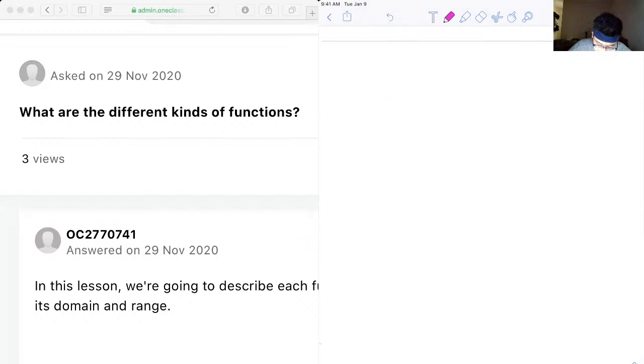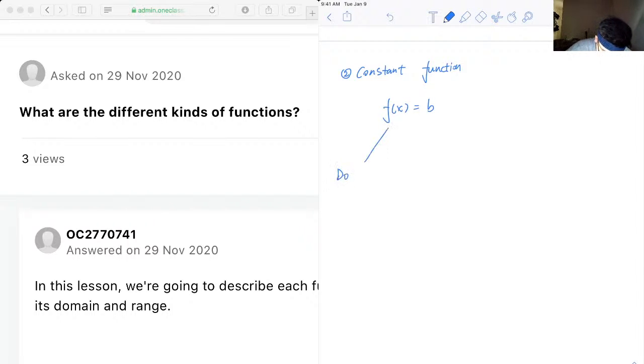Okay, and then next we have the constant function. The constant function is denoted by f(x) = b.